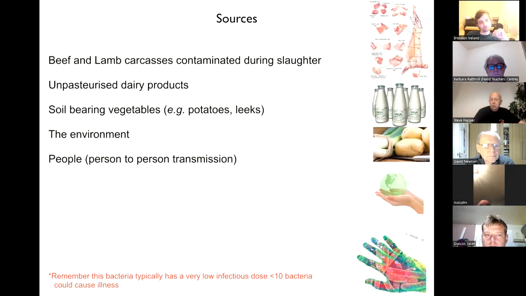You've then got unpasteurized dairy products where, again, if you've got feces on the teats of the animals, then that'll cause it. You've got soil-bearing vegetables such as potatoes and leeks. You can find it in the environment, and person-to-person transmission. These are all sources of E. coli O157. So for yourself, the best thing is wash your hands.